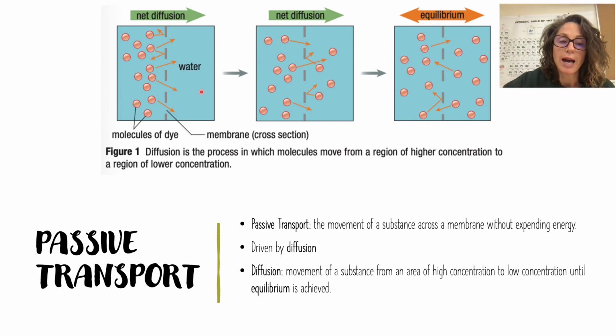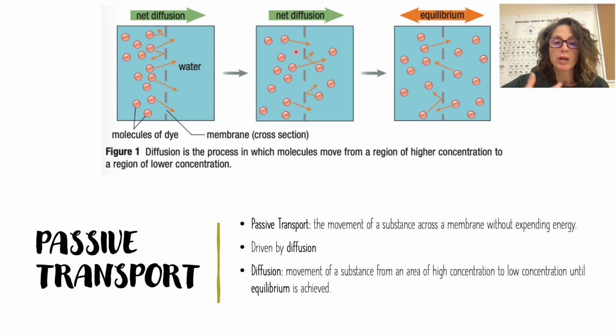So let's look at our diagram here where we have our semi-permeable membrane. So some things can pass through this membrane. In this case, we have molecules of dye that can pass through. And there's a high concentration on the left, and there is a low or no concentration of dye on the right. And as they bounce off of each other, they will hit some parts of the membrane that can go through, but there are particles that will pass through the pores and get into where there is a lower concentration.